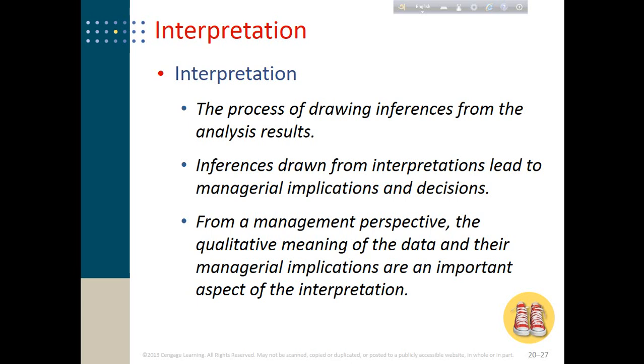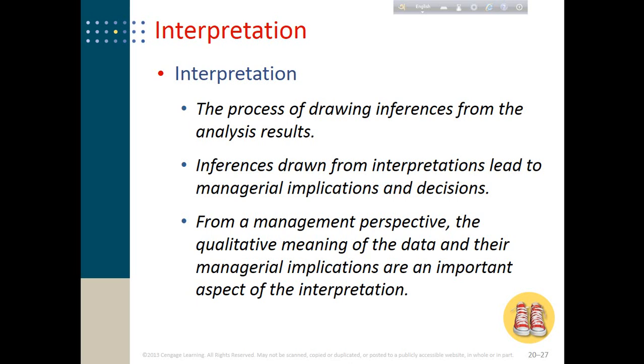The researcher also needs utmost care in interpreting data, because interpretation means drawing an inference from a result, taking a decision, and this inference will have managerial implications. That's why it's important. So we can say that each statistical analysis that produces some results should be interpreted, and that should ultimately lead to some particular decision.